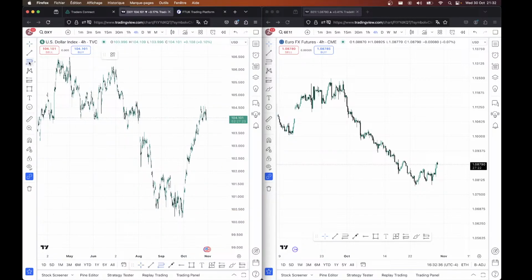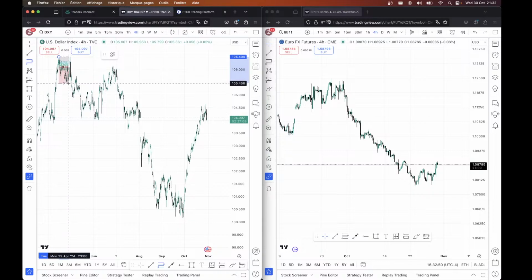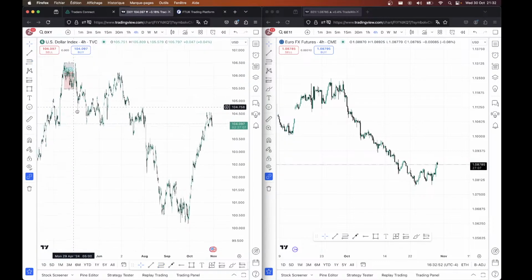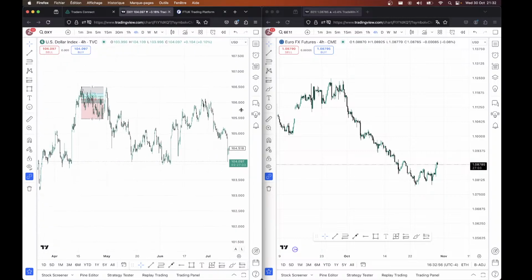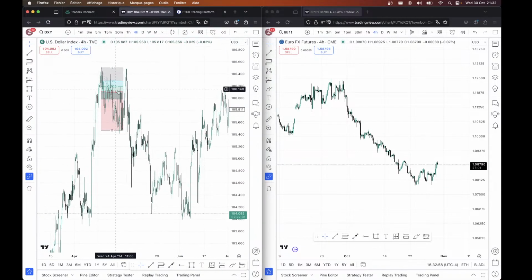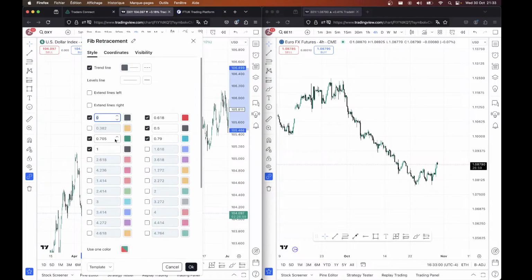Let's initiate all of this. I'm taking my Fibonacci retracement from one high. Let's take this one. I'm going here, to the low, and I'm zooming a bit. You could see that. So you understood the zone.